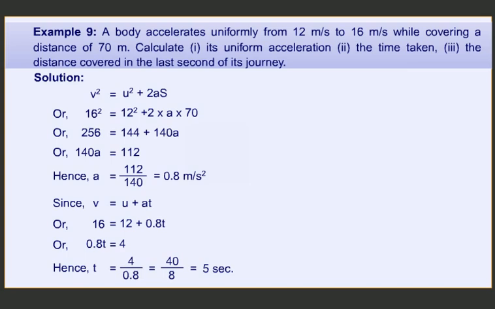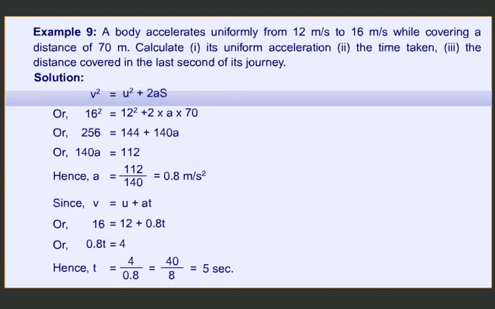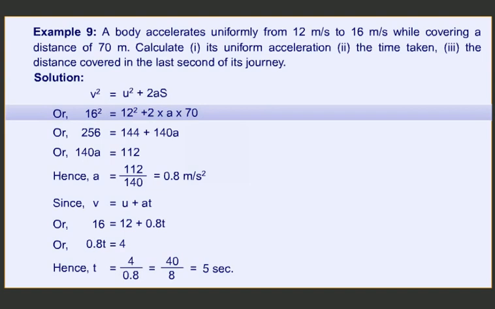Here is the solution. Students, we have the formula v square equals u square plus 2as. Now, the value of v is 16, u is 12, and s is 70. Now we can calculate the value of a using this relation.